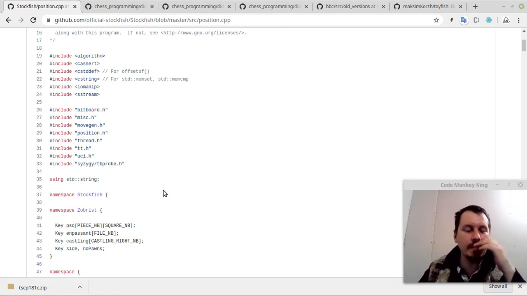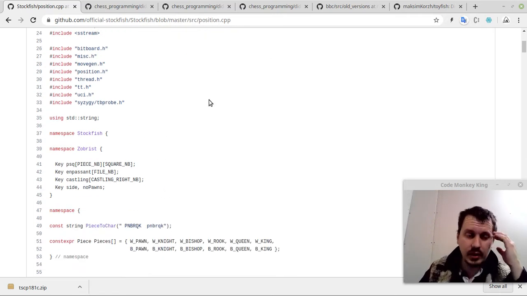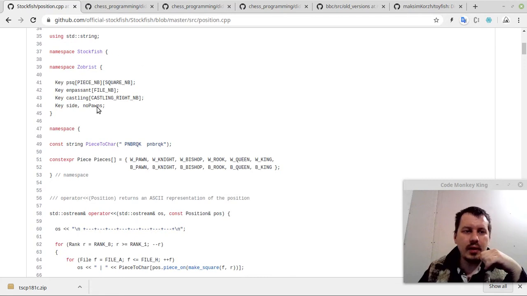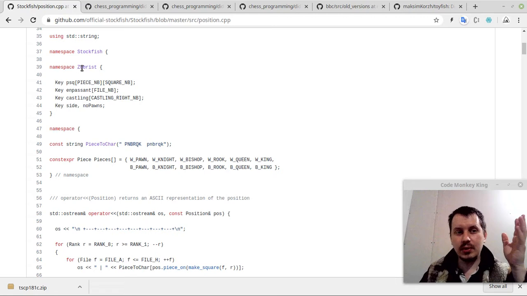But anyway, here we have position.cpp, and the very first thing that comes up is this namespace Zobrist. If you're not aware of what this is, you might get confused right from this point. Zobrist is the last name of the guy who created the Zobrist hashing algorithm.